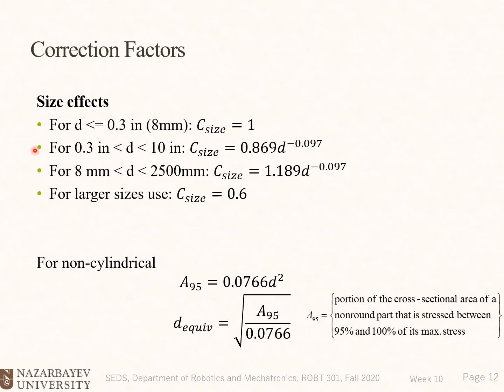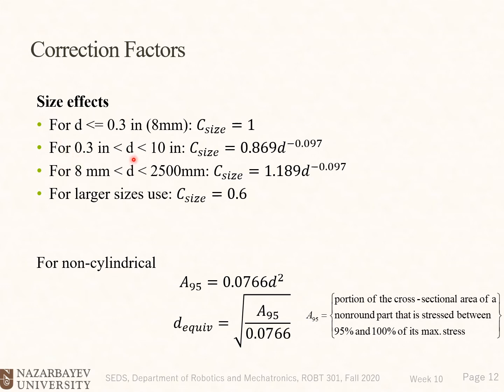Size effect. When the diameter of the part is less than or equal to 0.3 inch or 8 millimeter, then C size is equal to 1. You remember that those specimens have a specific standard. When the diameter of the part is comparable to the standard specimen, then C size is 1, or we don't need to correct or reduce the strengths.